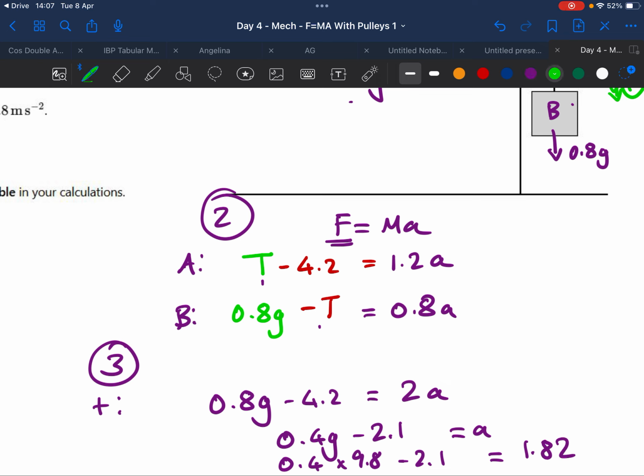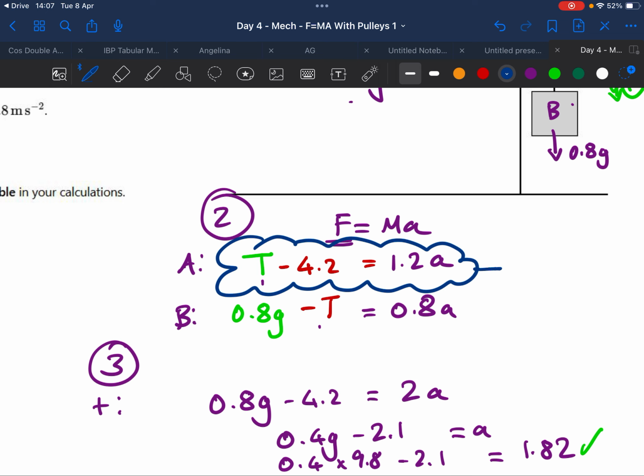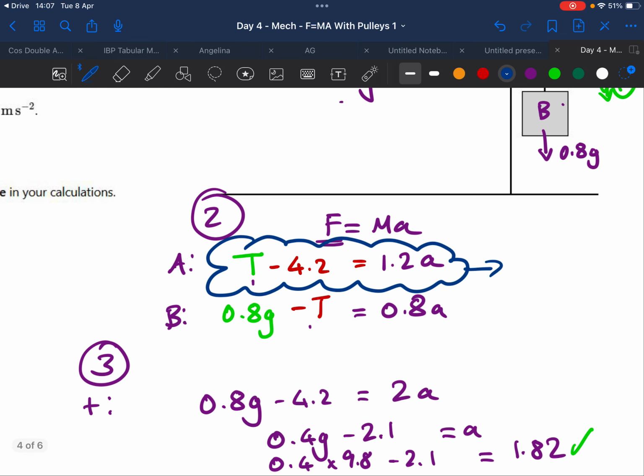Once you've got your a value, you can feed this into one of these equations, maybe this equation here, and you can find your T value. So T should be equal to 4.2 plus 1.2 lots of 1.82, which would be equal to what?